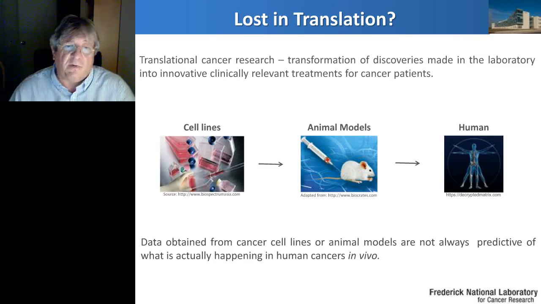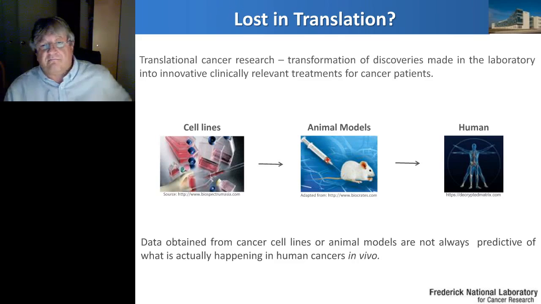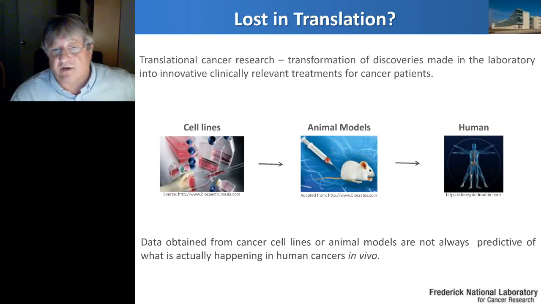Once we try to apply our knowledge from those two models to humans, we've figured out, and scientists agree and physicians agree, that a lot of those findings are really not applicable to humans. So this is why I say lost in translation. We need to figure out where the findings in these models can be applied.